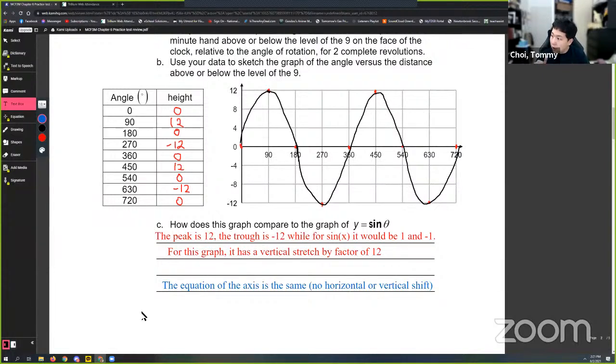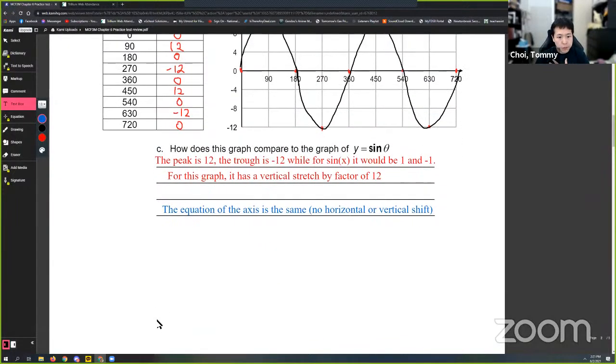That is your base function, right? When we did transformations with quadratics, the important part was understanding, I know what y equals x squared looks like, and then what does that look like transformed? Same idea here. You need to know what y equals sine theta looks like, and then what does that look like transformed? So that's what you want to focus on.